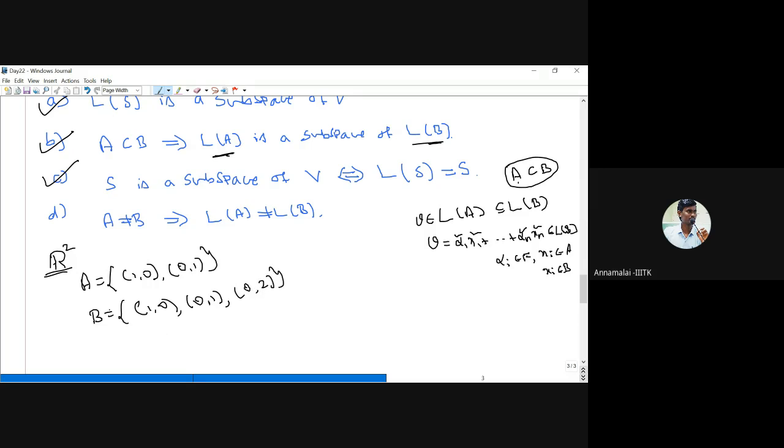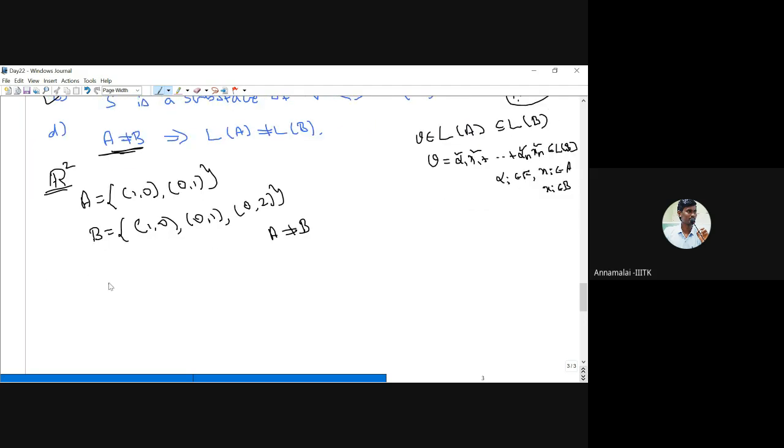Now definitely A and B are not equal, because A contains 2 elements and B contains 3 elements. Therefore, these two sets A and B satisfy our assumption A not equal to B. Now, what is L of A? We know that this forms a basis. Therefore, L of A is nothing but the whole set R2.